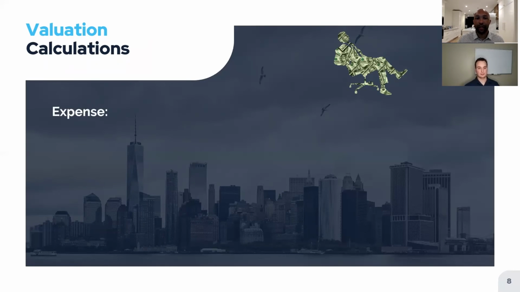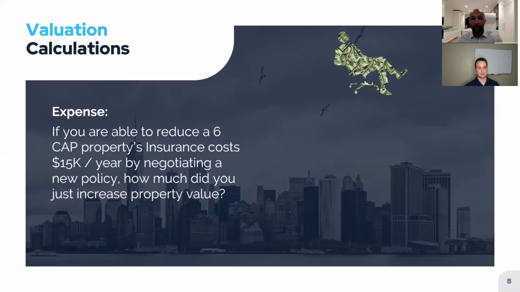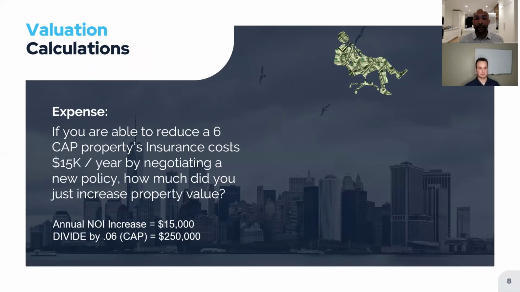We got your valuation calculations, right? We got expenses. If you're able to reduce a 6 cap property's insurance costs by $15,000 a year by negotiating or calling other insurance providers and getting a new policy, $15,000 divided by a cap rate of 6%, you would create $250,000 in value.